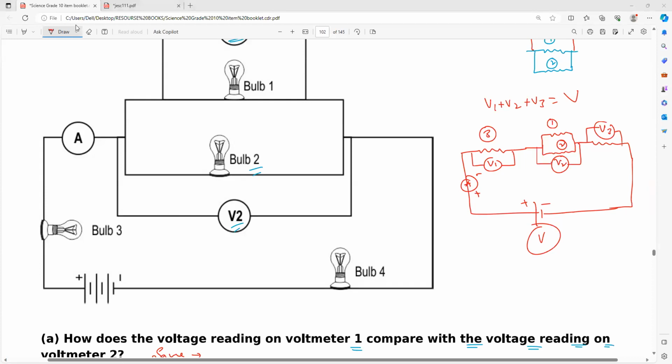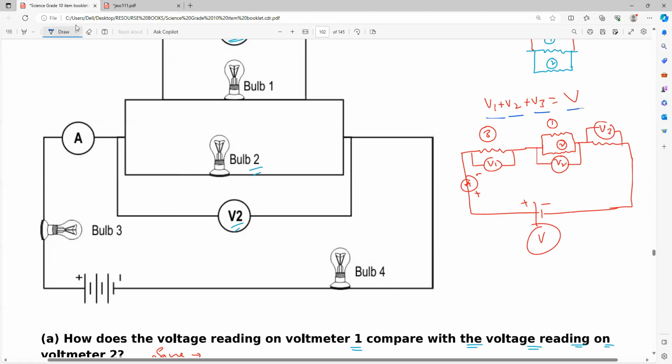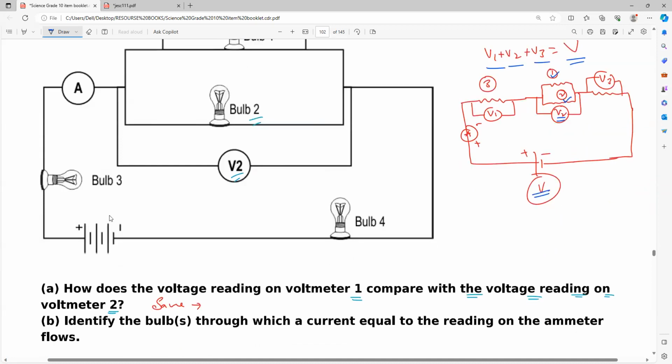So across the second bulb and first bulb, voltage remains constant, but it is not equal to the total voltage, because they are in parallel connection. That is what you have to remember.